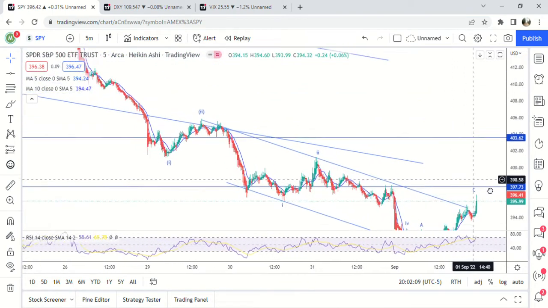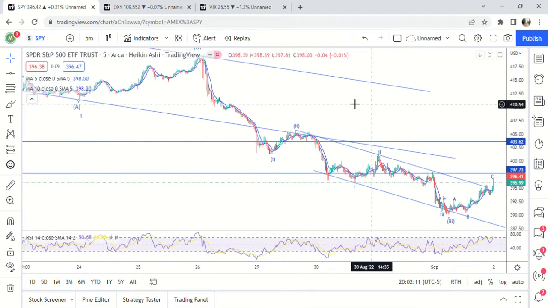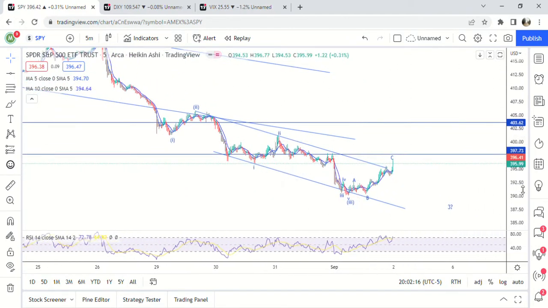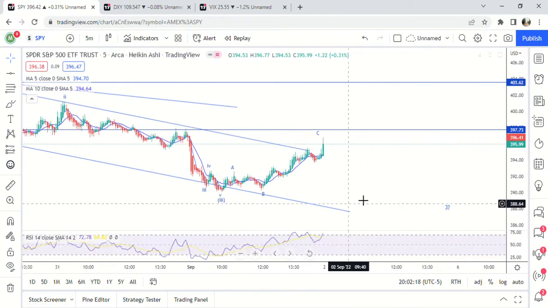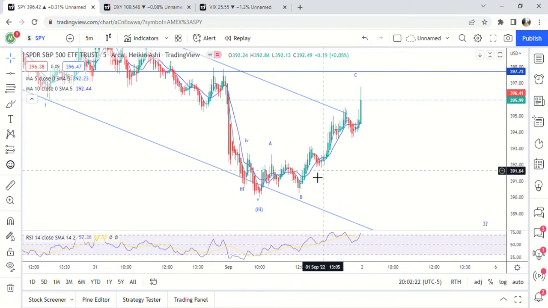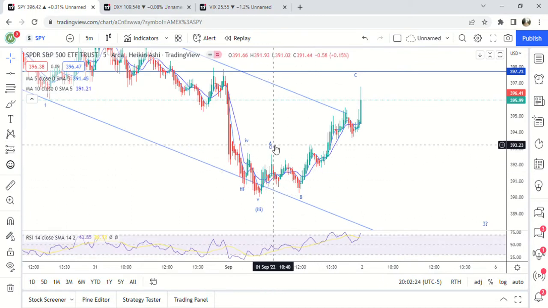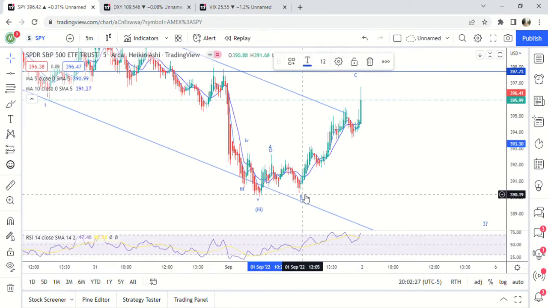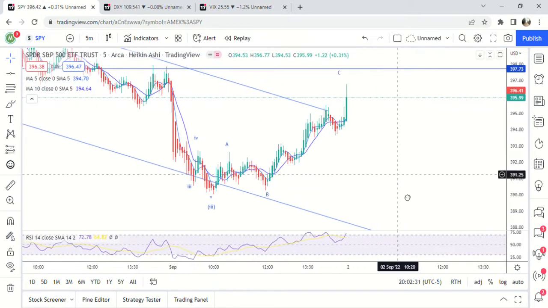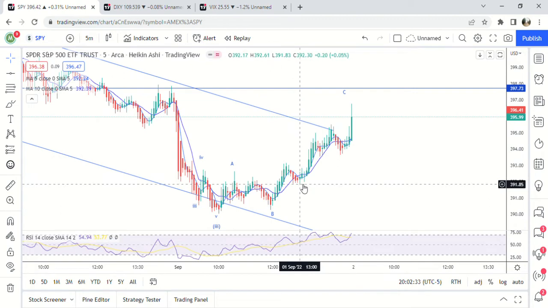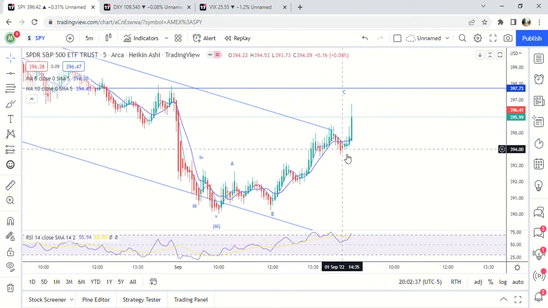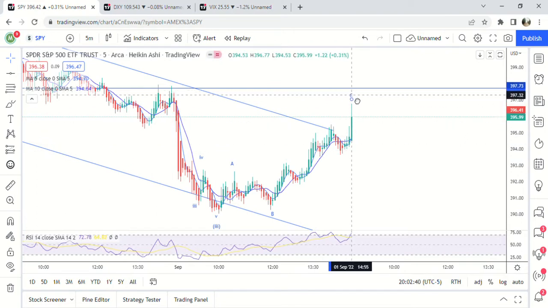So the current count is 1, 2, 1, 2, 3, and then today, at the end of the day, after we bounced around for a while and made new lows, we have ABC, ABC, and then we got a classic 5-wave move to end the C wave. So we have 1, 2, 1, 2, 3, 4, 5, 4, 5. That's my count right there.